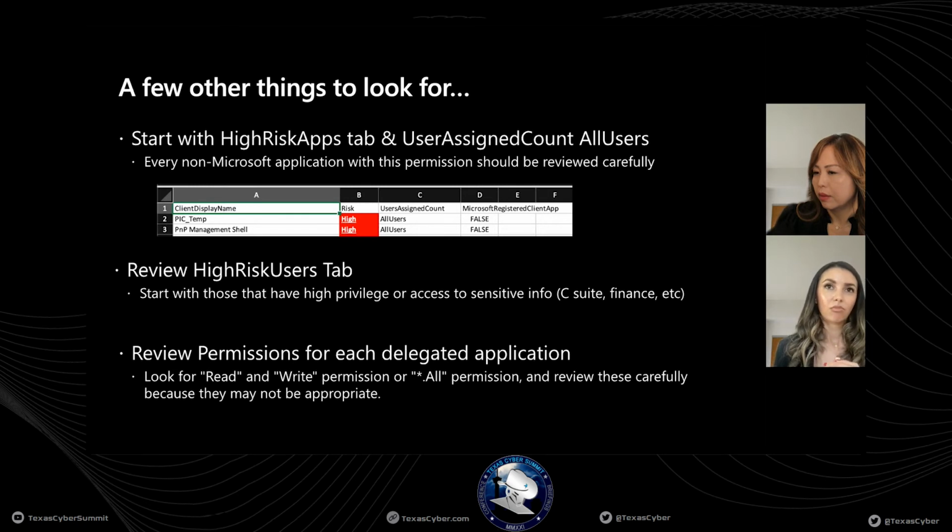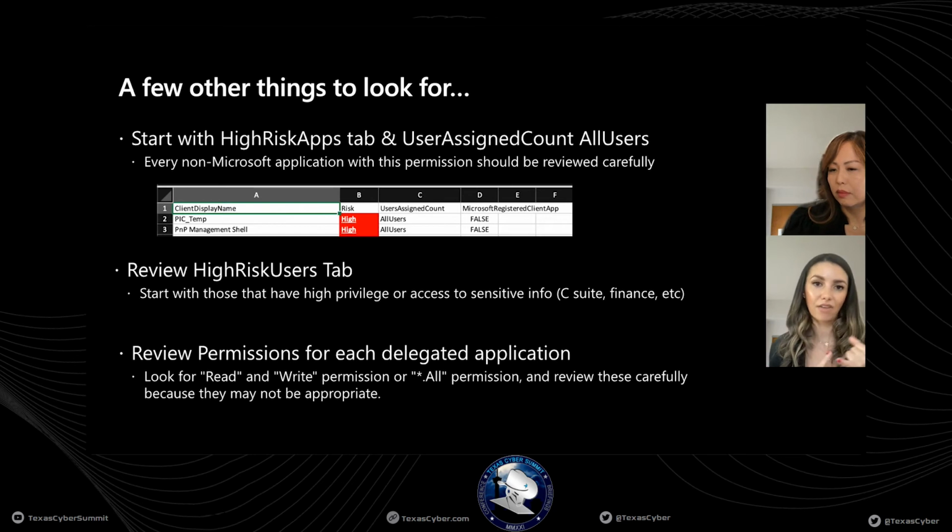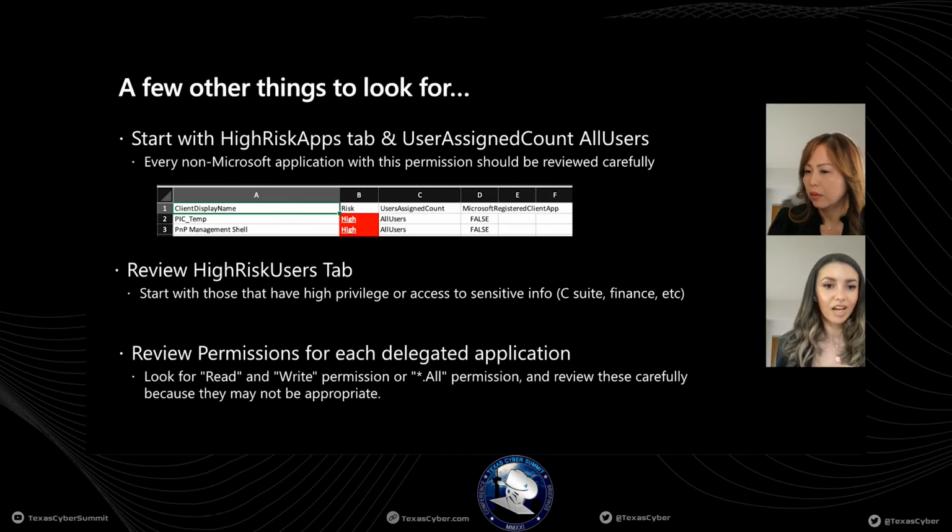So maybe the permissions. Looking at the applications that have application permissions or delegated all principals, which means that the application has permissions and has been consented for all users in the directory. That's probably another thing that you may want to take a closer look at.